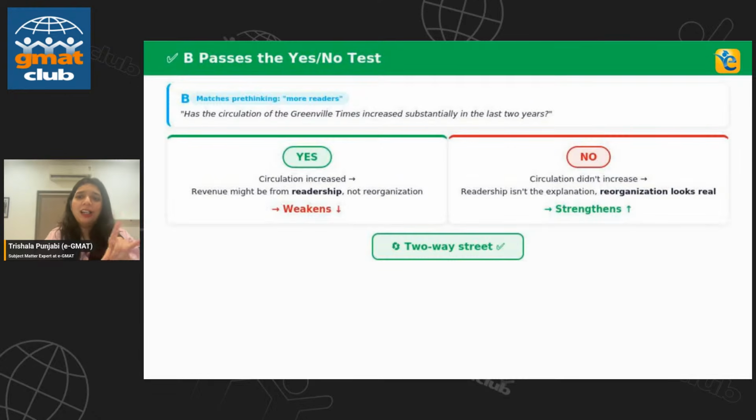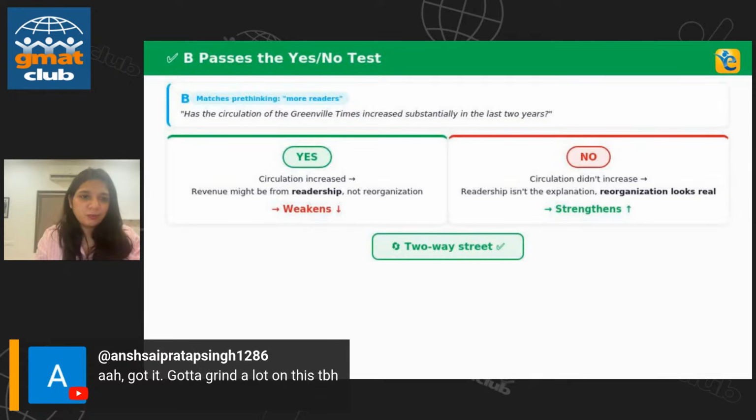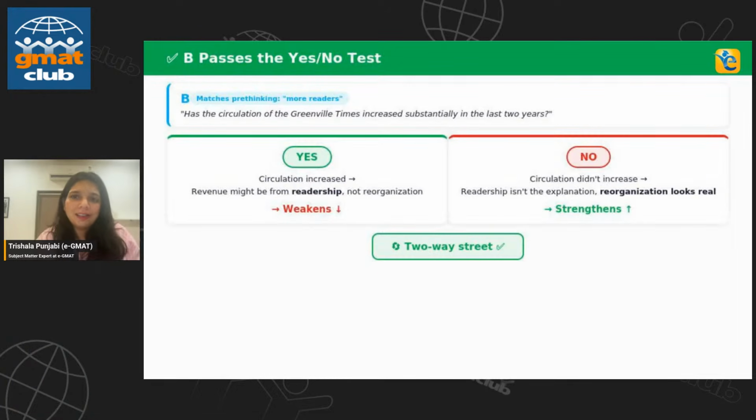So Ansh, yes, grind a lot, but what you need to do is, and this is for all of you, not just Ansh: if you are facing any difficulty in any of these things, especially conclusion, strength and weaken assumption, make a Google Sheet where you are labeling the conclusion, the logical gap, the pre-thinking, and what must my answer choice do.